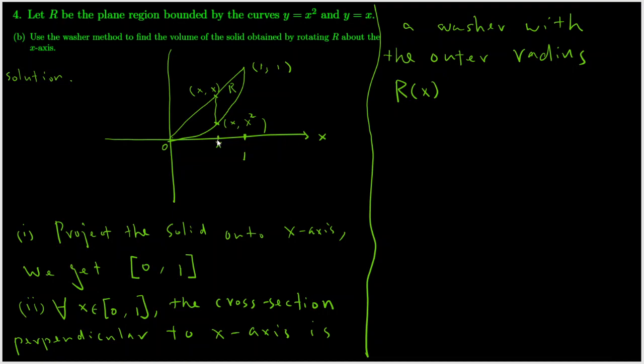Please. x. A washer with outer radius x, in terms of x. Everything is going to be in terms of x. And the inner radius? Yeah, that's right. Inner radius x squared.